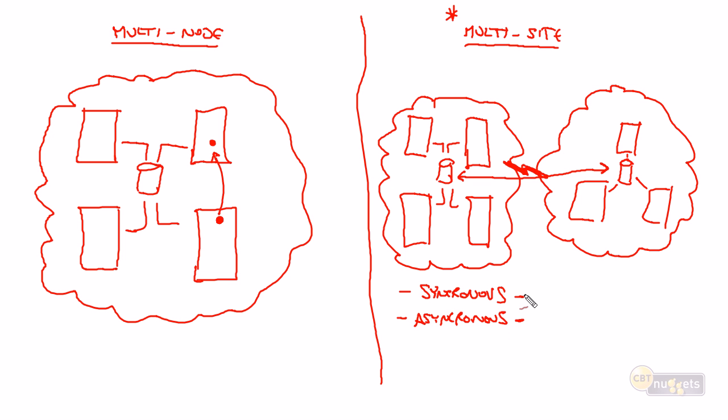In synchronous replication, it tends to happen in a way that the acknowledgement has to occur before the next bit of data is allowed to be stored on the source disk. Okay, so let's assume this is the source disk. Some server has turned a 0 to a 1 over here.